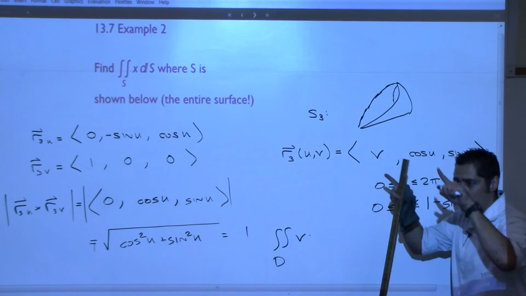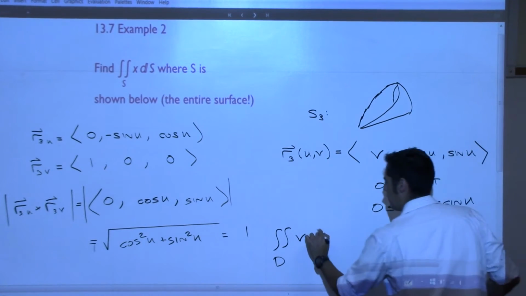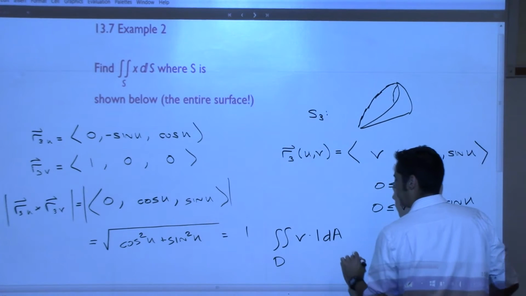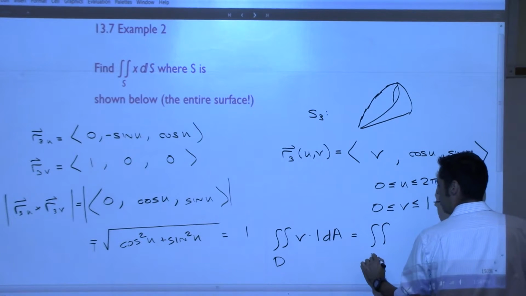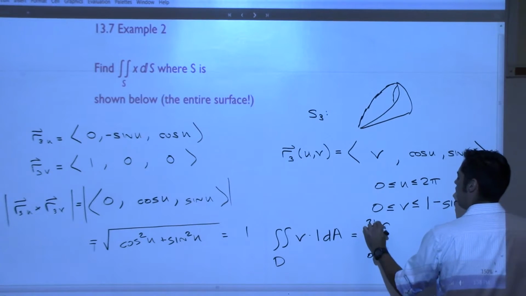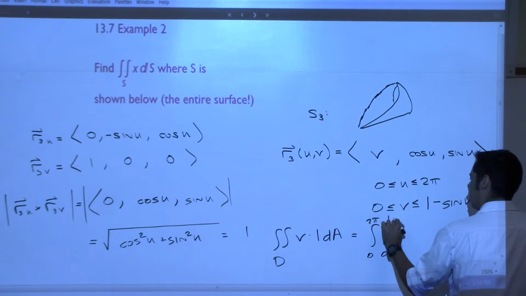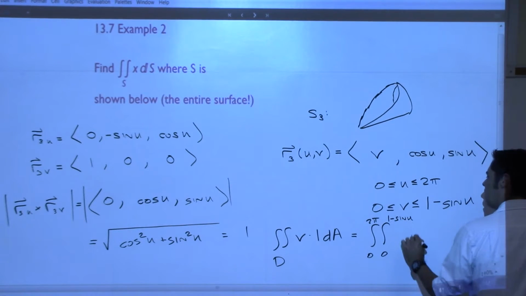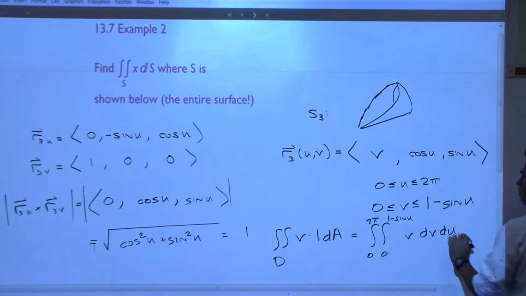Then I need the magnitude of the cross product, which we know is a 1. Then dA, which is integral from 0 to 2 pi. I don't have a choice with the order here, right? 0 to 1 minus sine u of v dv du, right?